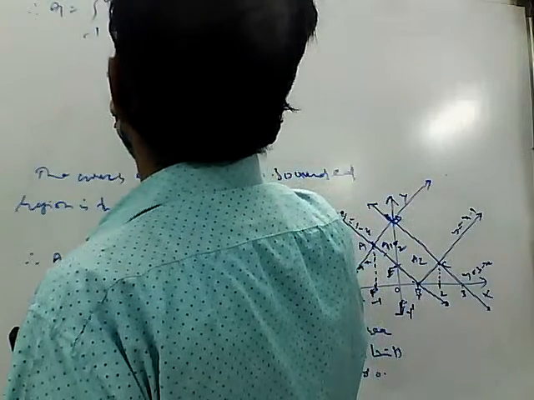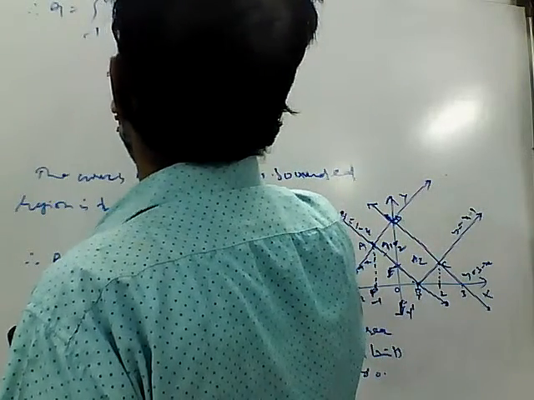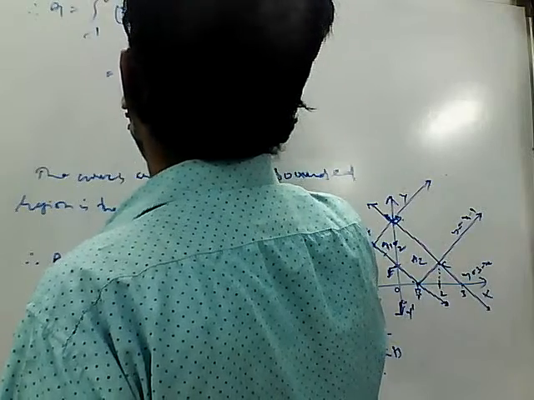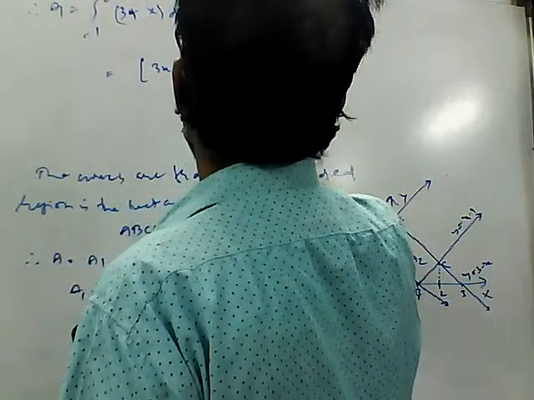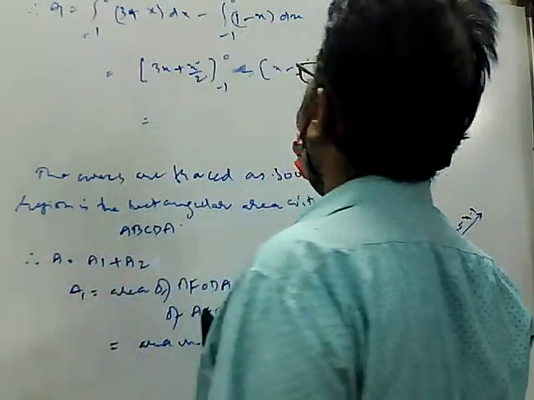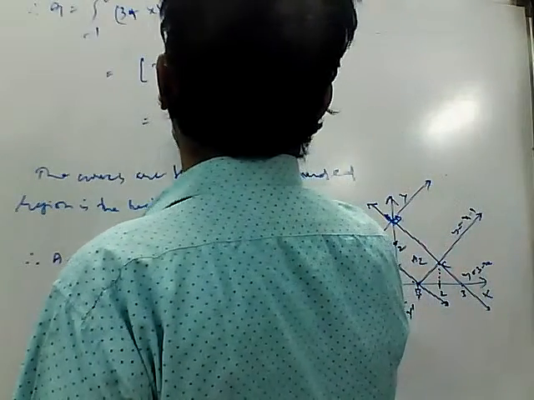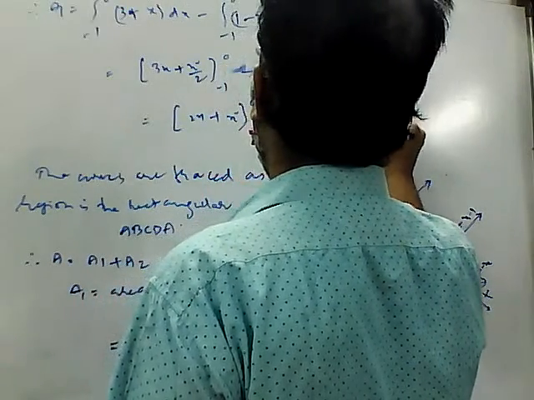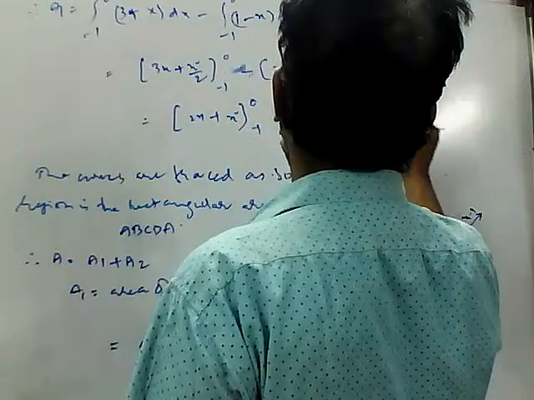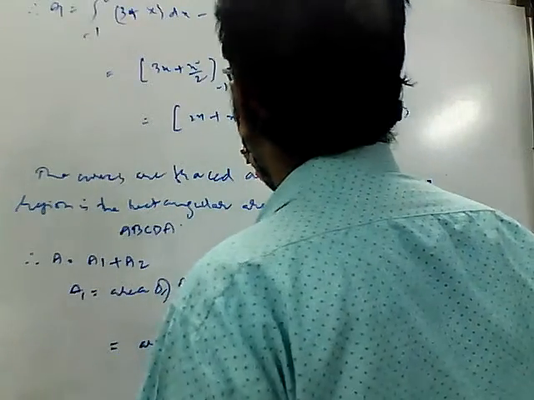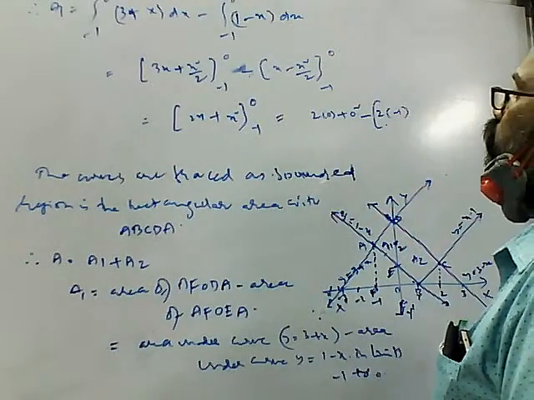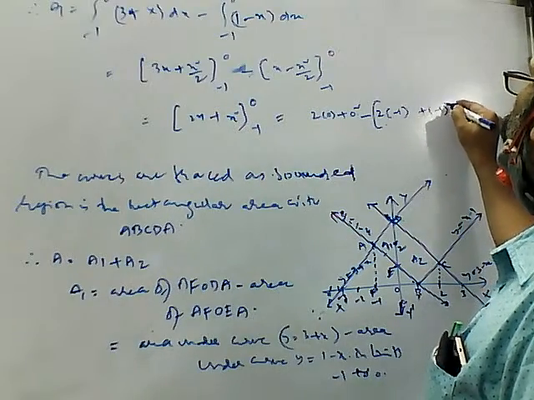That is equal to [3x plus x square by 2] from minus 1 to 0 minus [x minus x square by 2] from minus 1 to 0. So [2x plus x square] from minus 1 to 0. So 2 into 0 plus 0 square minus of 2 into minus 1 plus minus 1 whole square.